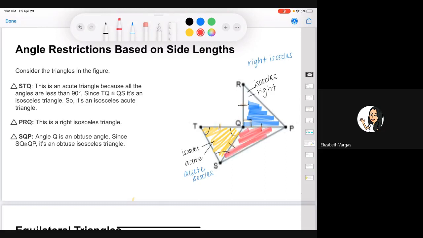What about this one? Well, I'll notice it has at least two congruent sides, so it's isosceles. And it has one obtuse angle, so we can call it obtuse isosceles.